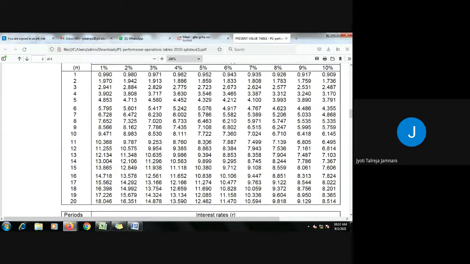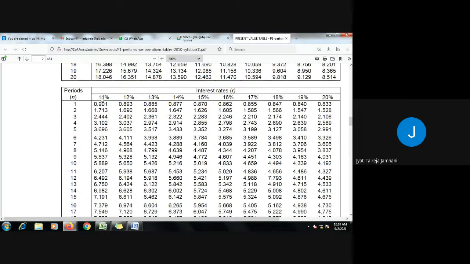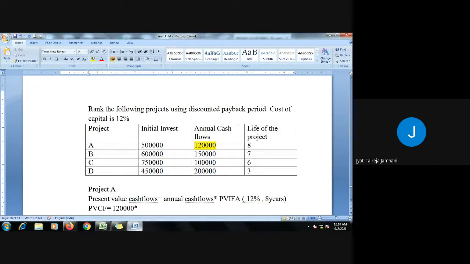Okay, so we need 12%. Let's go down to 12%. We need 12% for the 8th year, and the value is 4.968. So we take this value 4.968 and find the present value of cash flow.